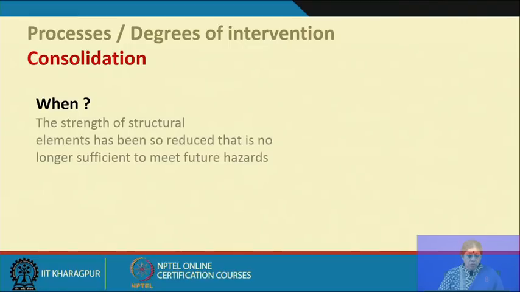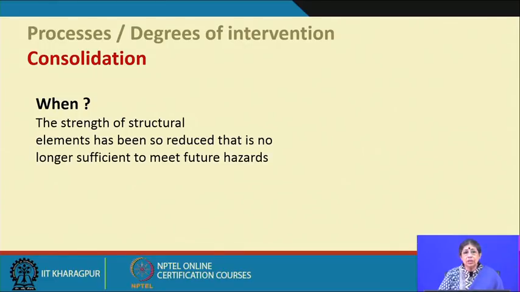So, let us see when we use this process or the approach of consolidation. When the strength of the structural elements has been so reduced that it is no longer sufficient to meet future hazards, that is why we have to strengthen the original thing, and then we have to intervene within the structure, and that is what we generally call consolidation.